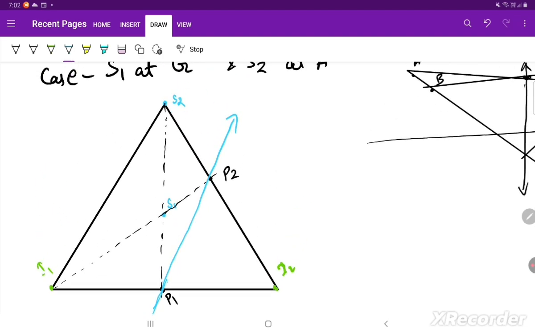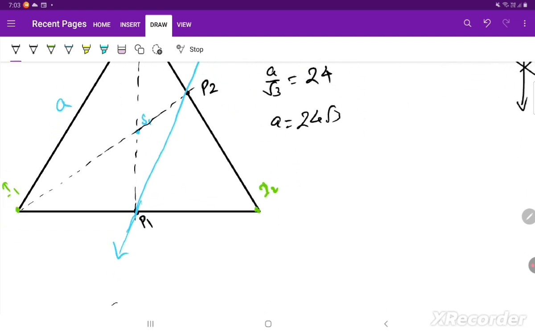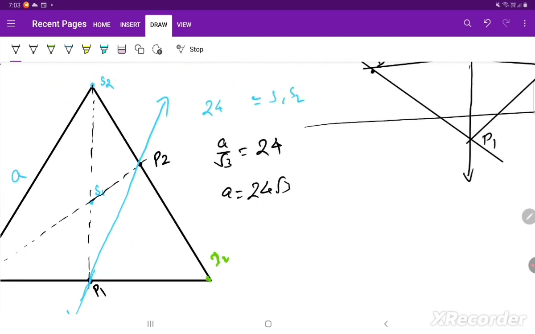Now here it is given that S1S2 is 24. Consider the equilateral triangle with side length a. I can say that a by root 3 is equal to 24, and a is equal to 24 root 3. Consider the source-image system S2, I2.